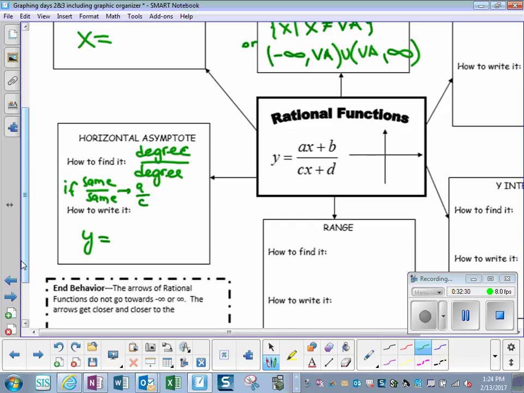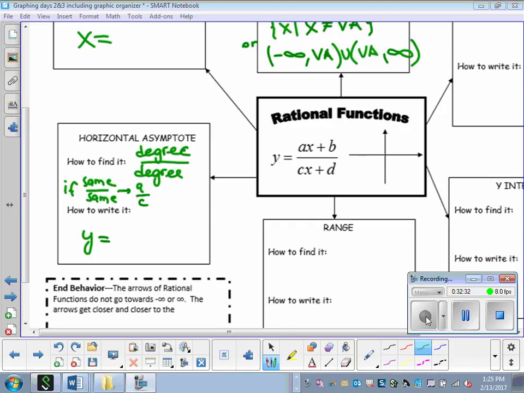So what do I mean? If they are the same, then we just look at the ratio between the leading coefficients, leading coefficient A, leading coefficient C. That gives you the number to use for horizontal asymptote.